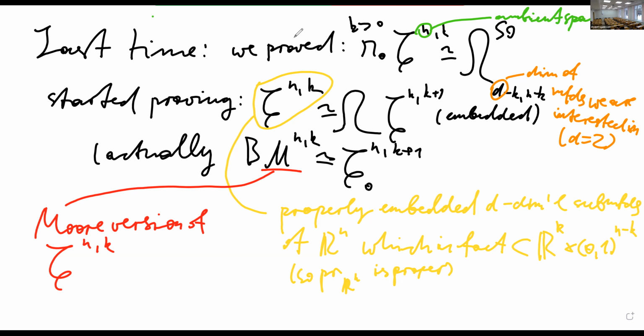Namely, if we have 2 or 3 manifolds or 4 or 5 which are inside C and K, we can compose them by just putting them next to each other in the K plus first coordinate.